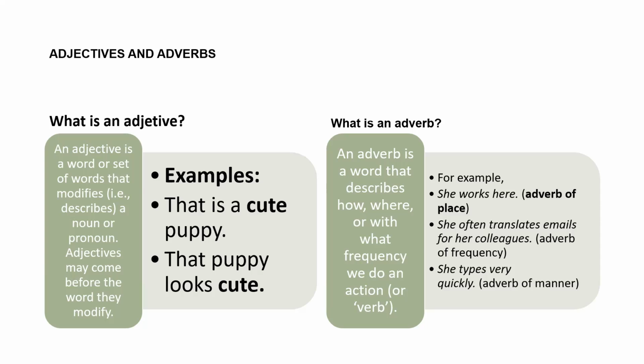This is the adverb that we are going to learn today, an adverb of manner. An adverb of manner is a word that describes how we do something. In this case, "quickly" describes the verb "types."